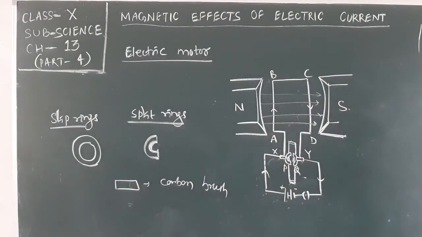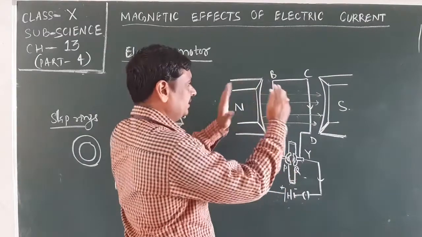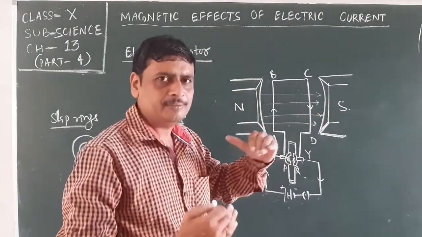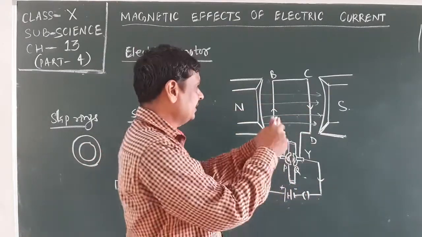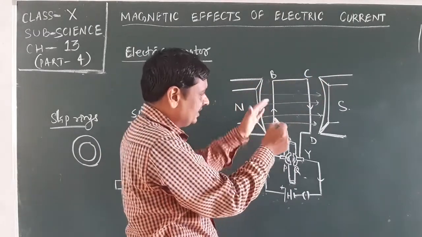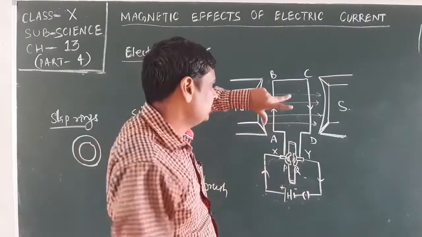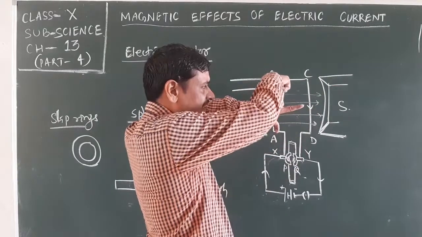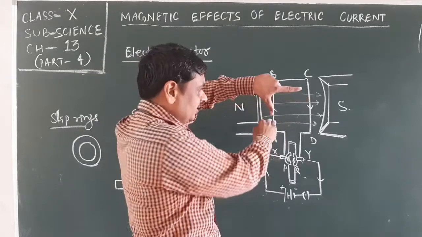On applying the current, both poles are there and the armature is placed in this direction. This shows the direction of the magnetic field, this the direction of current, and this one shows the direction of force acting on the armature.